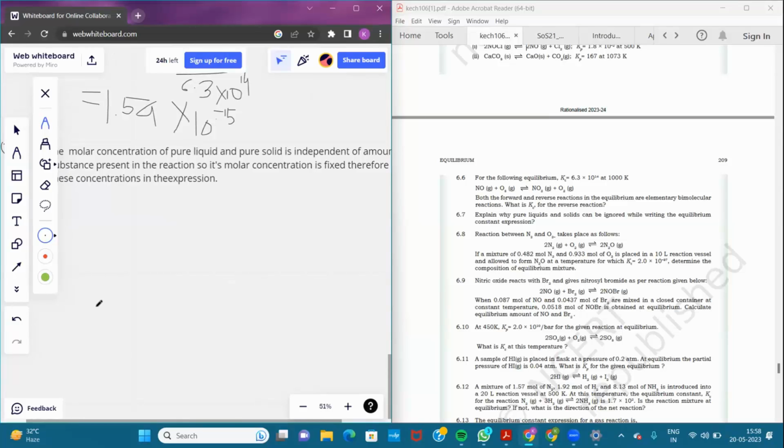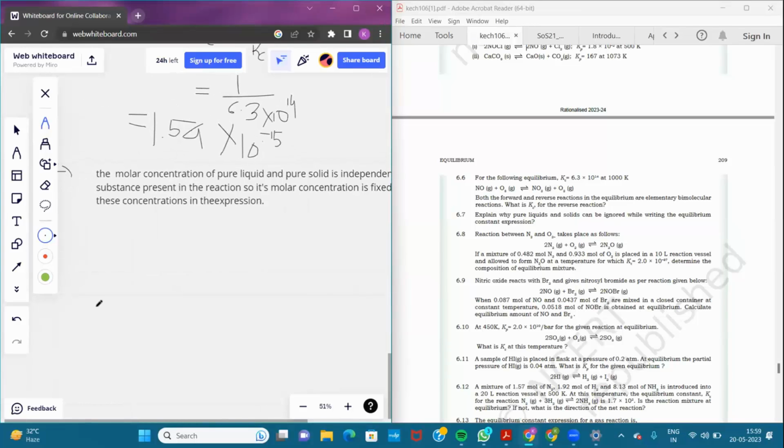6.8. The reaction between N2 and O2 takes place as follows. If the reaction moles of N2 is given and 0.933 moles of O2 is placed in a 10 liter reaction vessel and allowed to form N2O at a temperature for which Kc is given. Determine the composition of the equilibrium mixture.